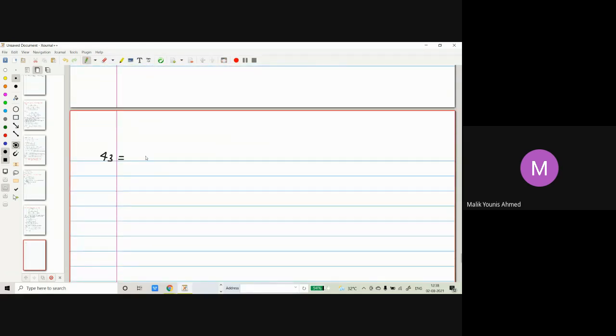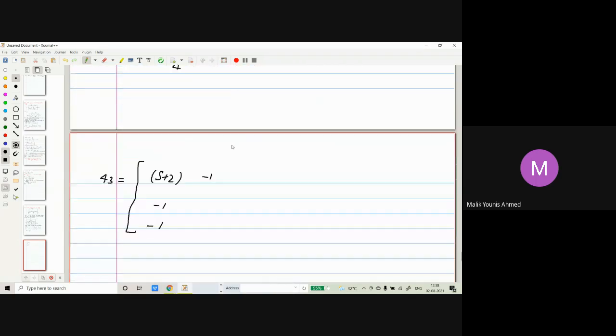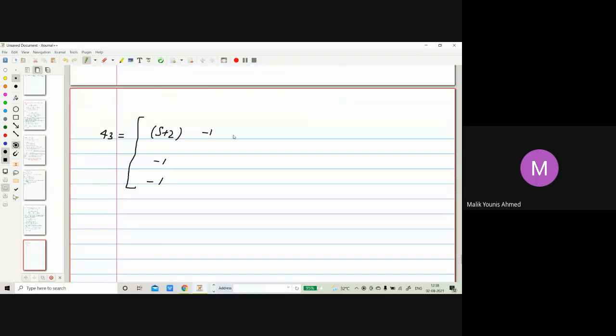The first column is s plus 2, minus 1, minus 1. And the second is minus 1, s plus 1 and minus s.